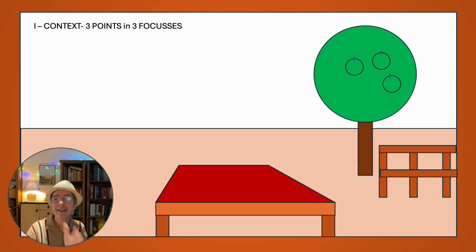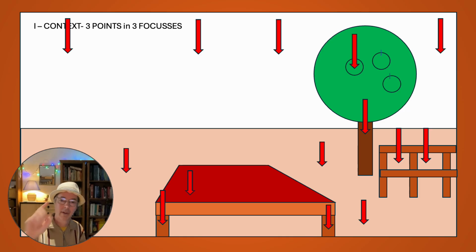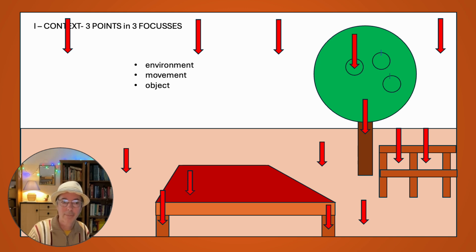So where can the I be inserted? Everywhere. Somewhere in the sky, somewhere up in the tree, into the base of the tree, into the fence, in the table, in the parts of the table, in the ground. Everywhere is the I possible, but only in a certain way, of course.